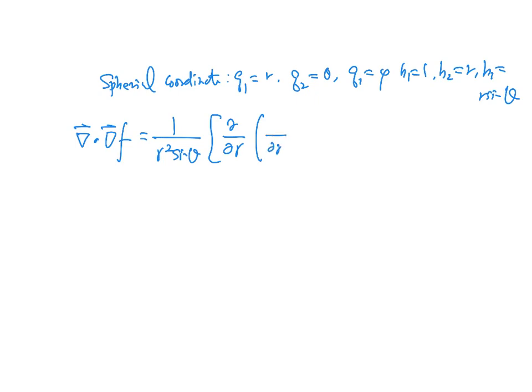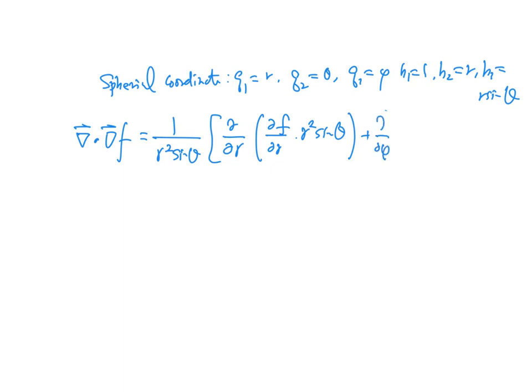So partial R partial F, times R square sine theta, right? Because H1, H2, H3. Plus partial theta partial, and we have 1 over H2 is 1 over R in front of here, right? Oh, no, sorry. In the parenthesis.